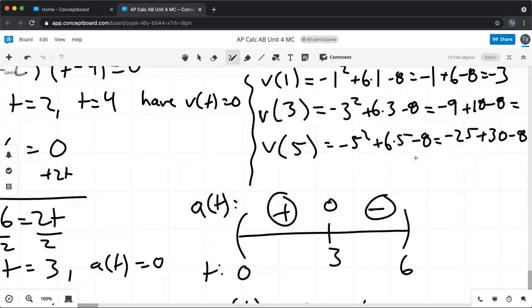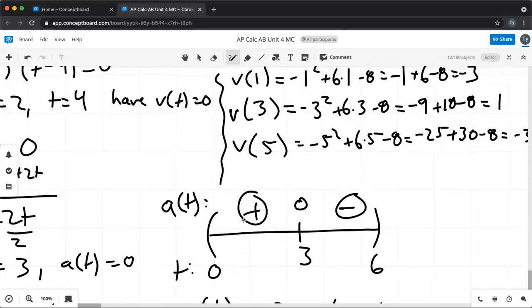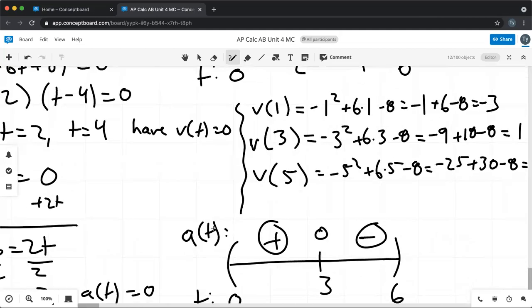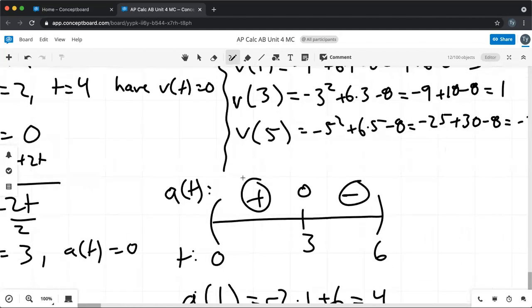And just so you know, they won't always alternate like this, negative, positive, negative. They will not always do that. So you do need to check in all the regions that we don't know, in all these regions between zeros of our velocity or acceleration function. Just because this one's positive, I could not assume this one's negative.